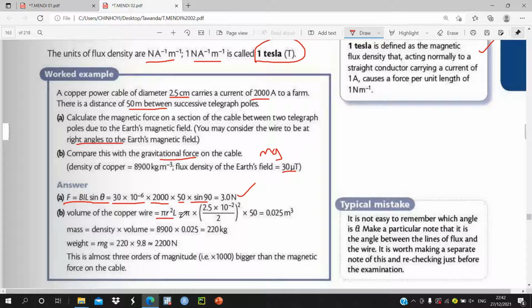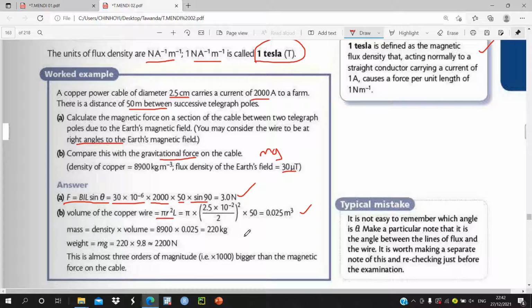Then L is the length. So that's why we are given the diameter. To find the radius, we divide this diameter by 2 and also convert it into meters. So this is our radius in meters, then squared, then our length. So this is the volume of the copper.